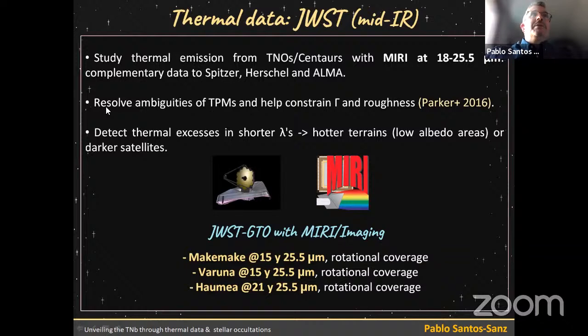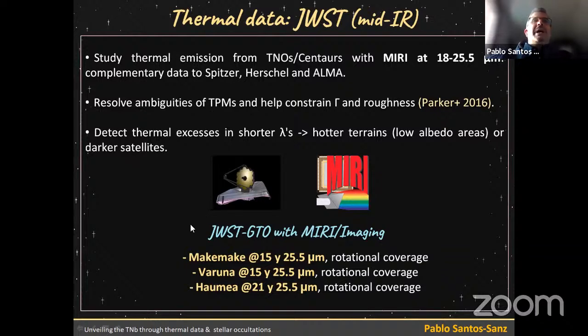These data can be important because they can resolve ambiguities of thermophysical models and also help to constrain the thermal inertias and the roughness. Also, if we detect thermal excesses at these shortest wavelengths, these excesses can be due to hotter terrains, meaning low albedo areas on the surface of the object. Maybe they can be due to darker satellites.